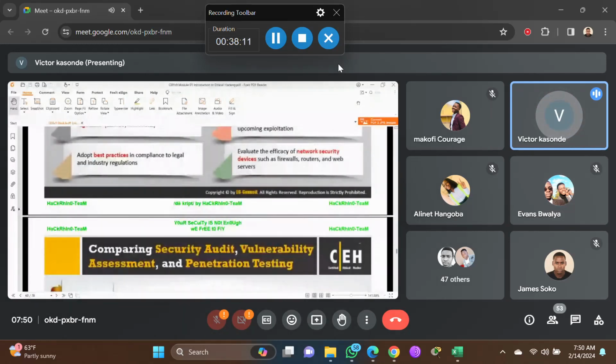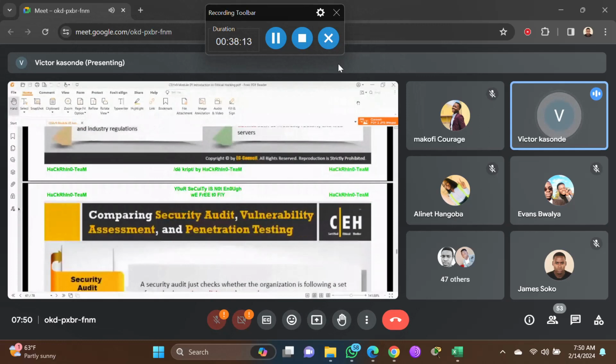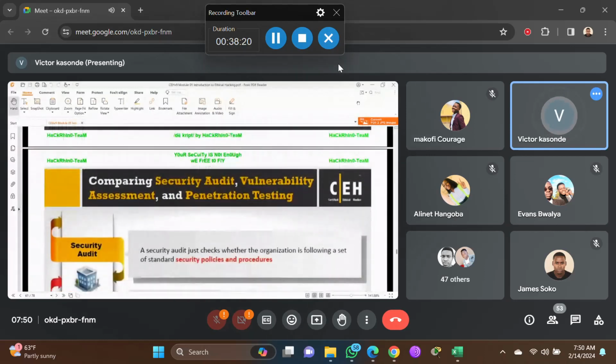So, comparing security audit, vulnerability assessment, and penetration testing. Remember, we are talking of comparing auditing, vulnerability assessment, and penetration testing.